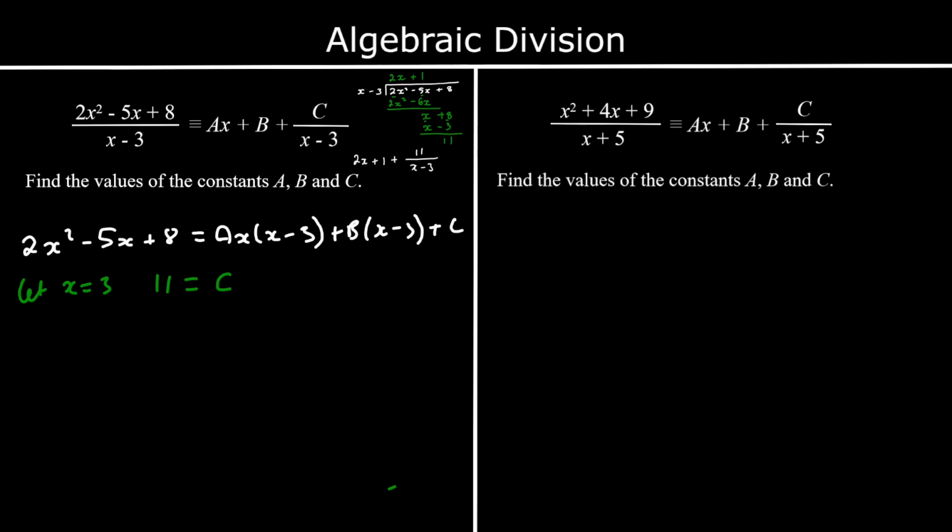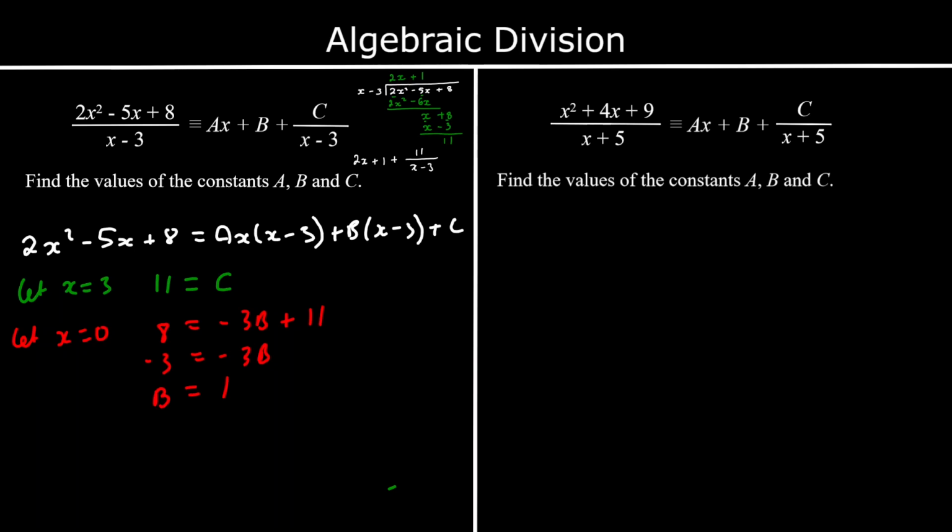So let x equal 0. And we'll get 8. A's gone. And that's negative 3b plus c. But c is 11. We know that. So take away 11 from both sides. Negative 3 equals negative 3b. B must be 1.